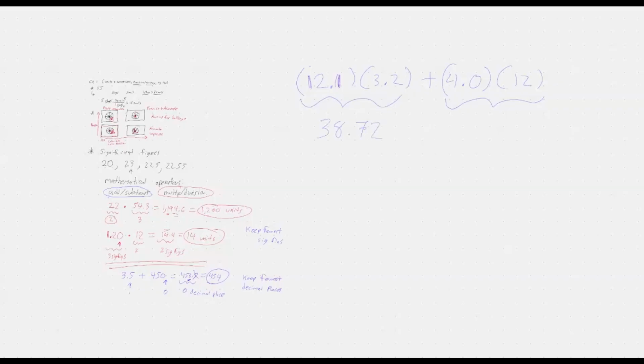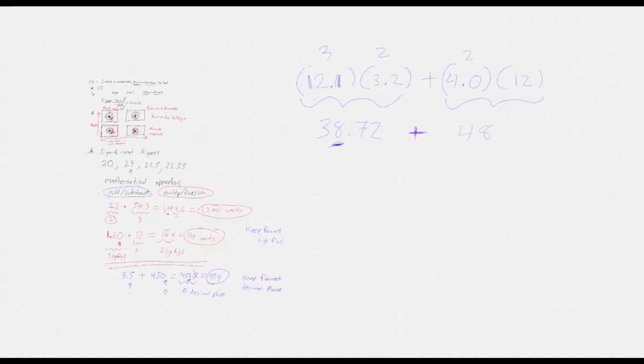So the 8 is the significant figure in our intermediate result. We're not going to round an intermediate result. We're just going to keep track of where the significant digit is. Then we can do 4.0 times 12 would be 48. And in this case, both numbers have 2 sig figs. So the 8 is the significant figure.